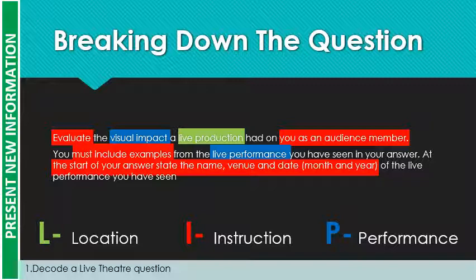Now, when we talk about visual impact, that is everything that you can see with your eyes. So for this question, you could talk about acting skills, lighting, props, the set, the costume. You couldn't talk about the sound effects because that's not visual, okay? And the live performance, that's everything within the live performance.